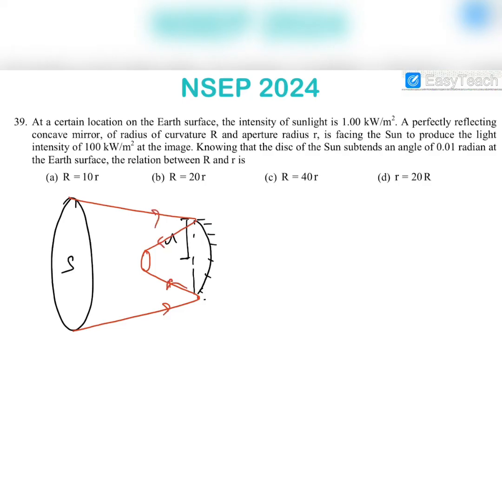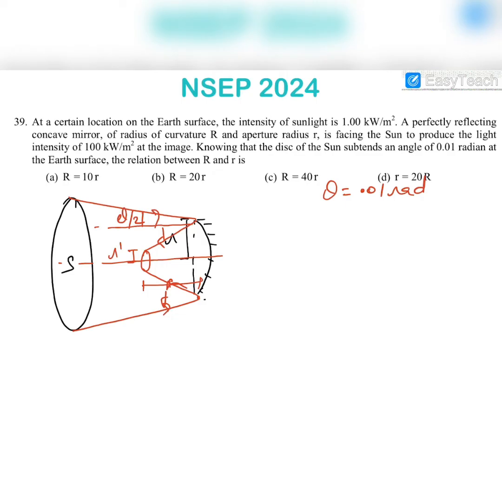Now you can see that this is r dash, the radius of the image formed at focus, and this distance is f, and this is the half angle of the sun, which is theta by 2. Theta is 0.01 radians.